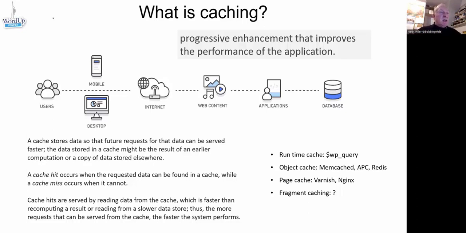If it happens to be a WordPress website, then the application gets involved, accesses the database, returns that to the application, which then formats the page and the HTML, and says here's some JavaScript and some CSS you might need, and some images, and passes that back through the internet to the user, and the user says, well, that took a long time, didn't it? Now I'm going to ask for another page. And it goes through the whole process again.